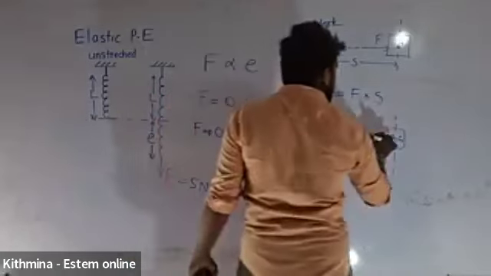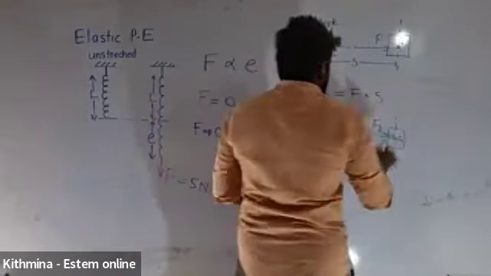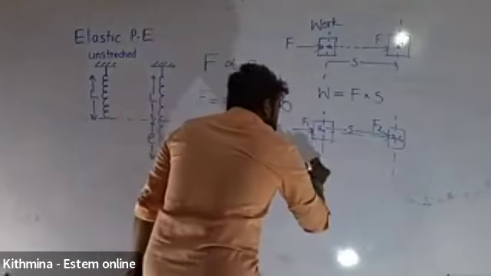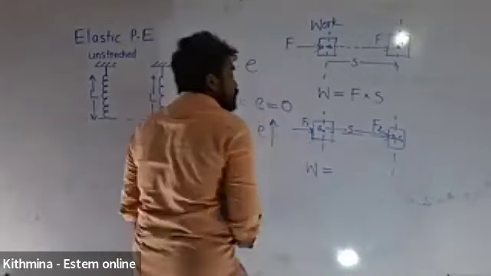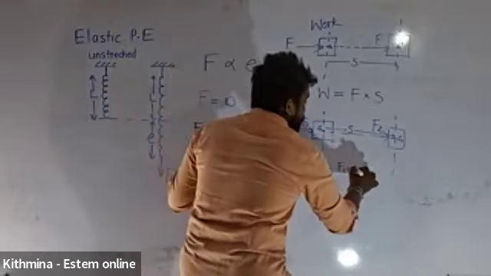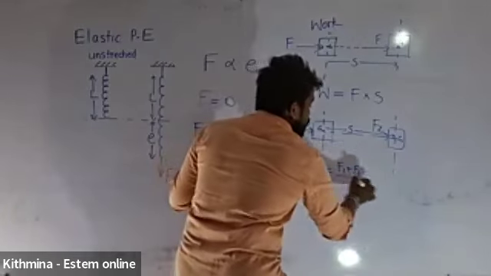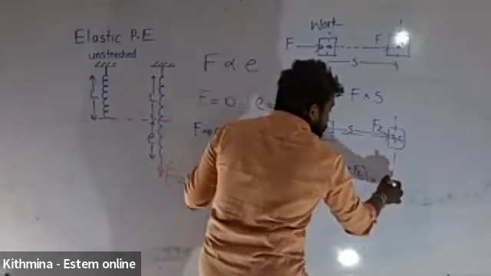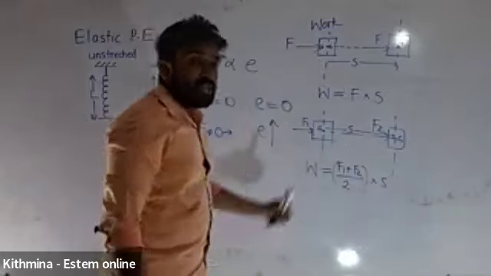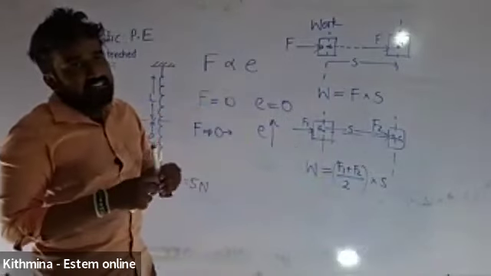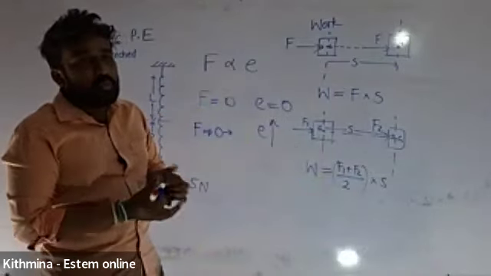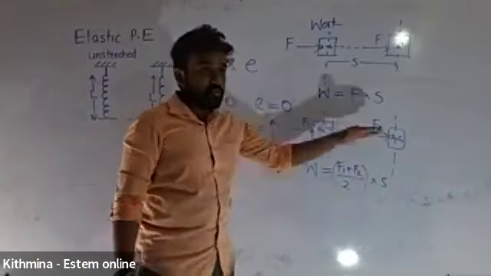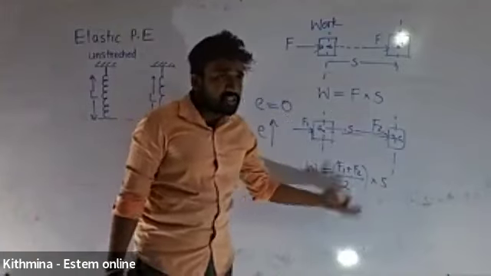Now here the force is changing. This is F1, this is F2. In such cases, we get the work by the average force. Average force should be multiplied by the displacement in the direction of the force. That's how we get the work done.